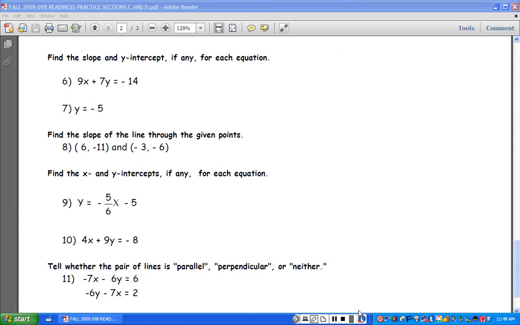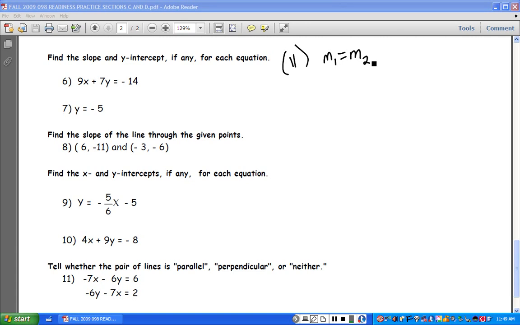And then lastly, number 11, tell whether you're parallel, perpendicular, or neither. Okay, now before we get into how to solve it, we want to talk about what they mean. Parallel, which usually means two lines running side by side, so like a real skinny 11, a symbol for parallel, means that the slope of one line is going to be the same as the slope of another line.